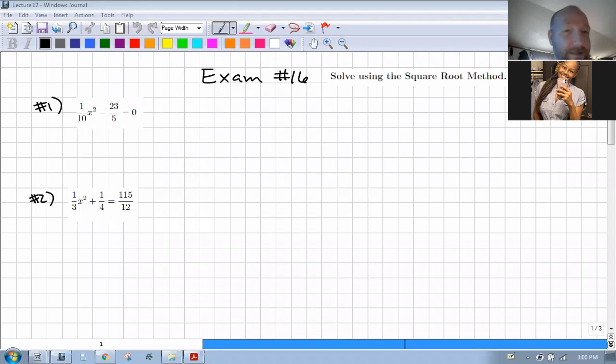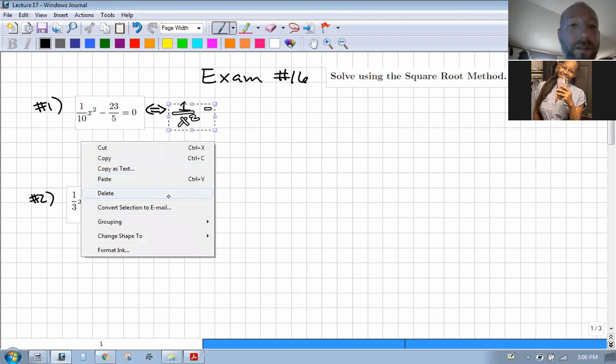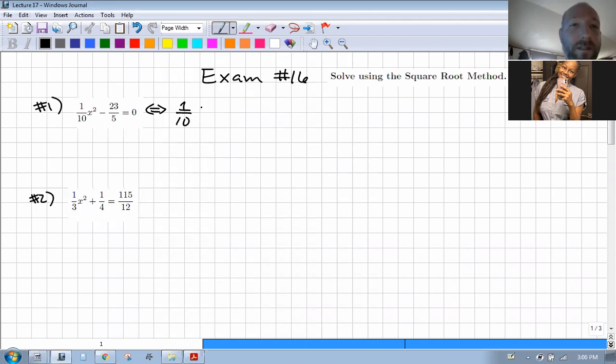Well, let's check out this exam number 16 here. So we're solving using the square root method. So let's fix that. 1/10 x squared. We'll move the 23 over 5 to the other side.